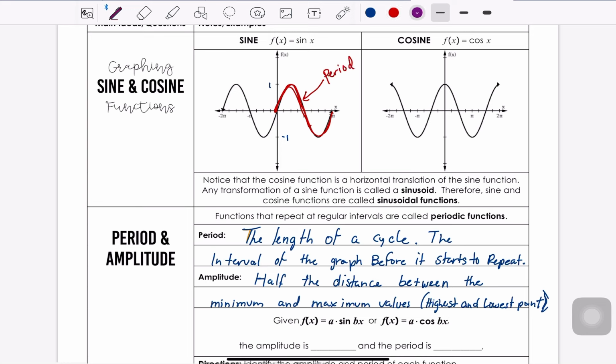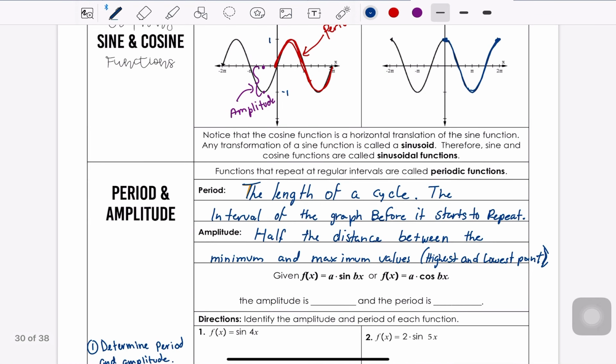And this part here is the amplitude. To keep it nice and neat, I'm just going to say that's the amplitude. I can do the same with cosine, but for cosine I just want to pay attention to the period. I think amplitude is a little easier to understand, and we got it.